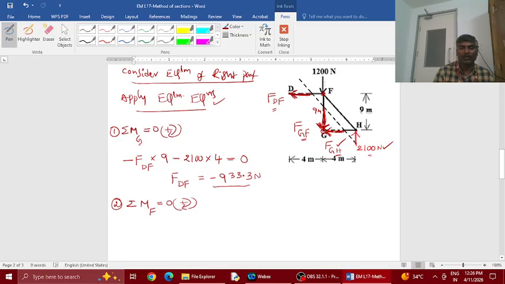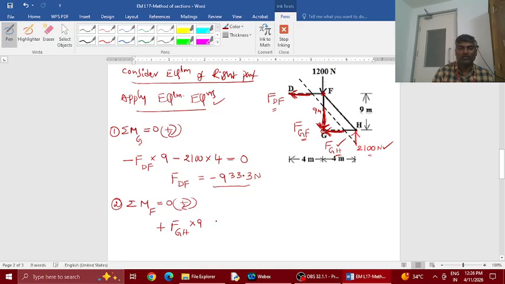Now write. F_GH is the horizontal force, perpendicular distance 9 meters. The direction you see from F, the FG line is being rotated clockwise by this arrow, that means plus, clockwise.